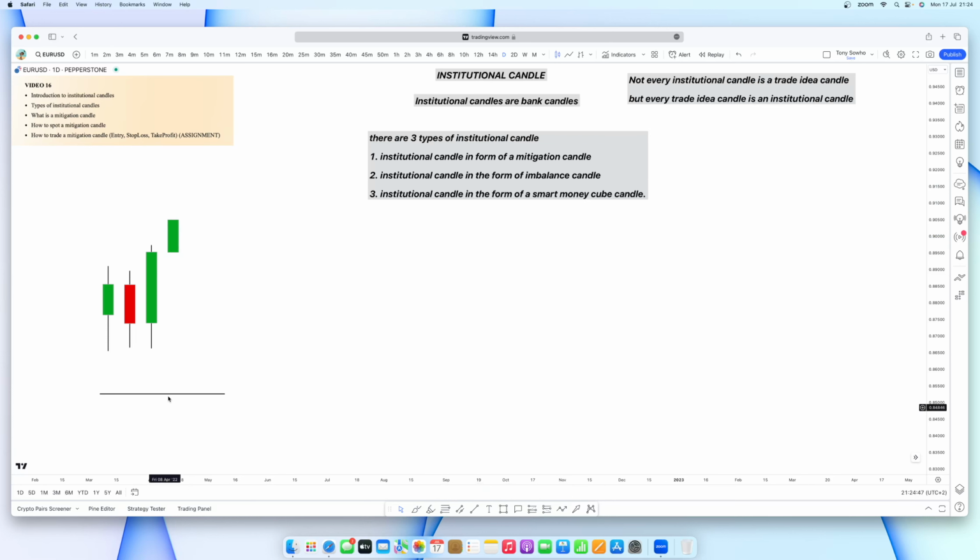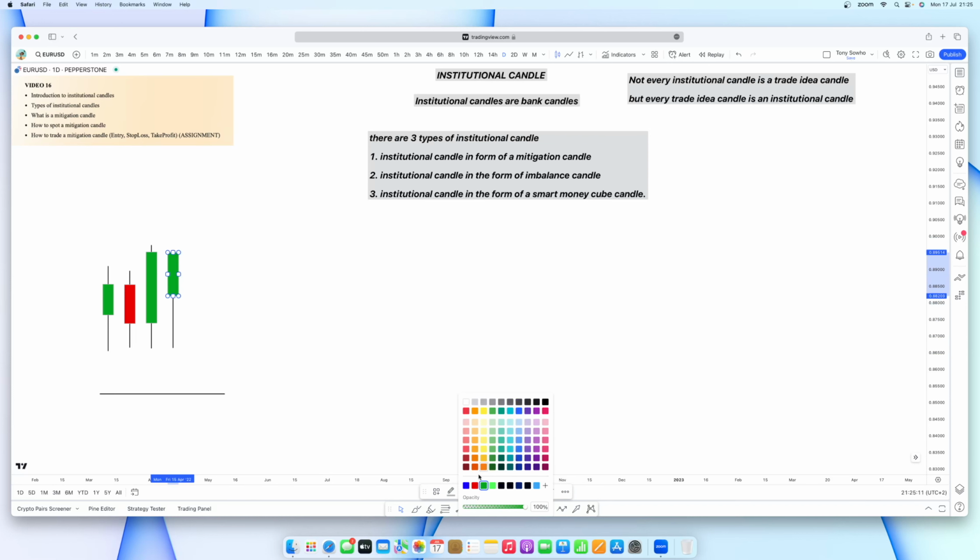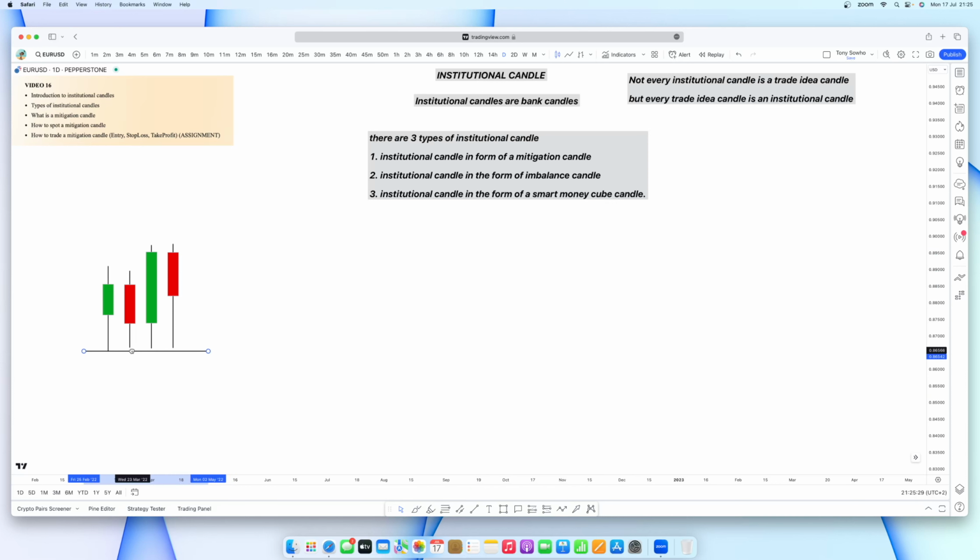Oh no, let me make this a bearish candle. All right, so this now has the bearish candle plus the wick to the upside. So now what can we see with all of this?